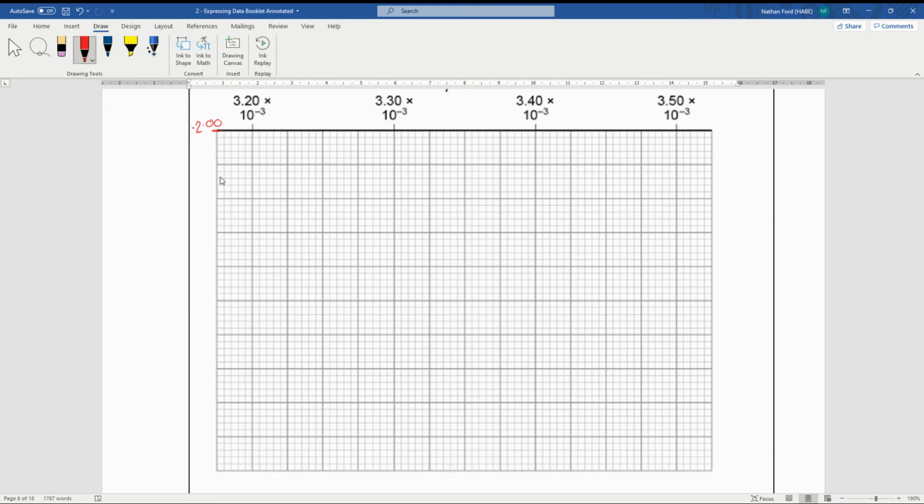So we need about half of this to be 1. So 1, 2, 3, 4, 5, 6, 7, 8, 9, 10. This isn't too bad. If it's 10 down, that means that 1, 2, 3, 4, 5, this should be negative 3.0, and this should be negative 4.0.